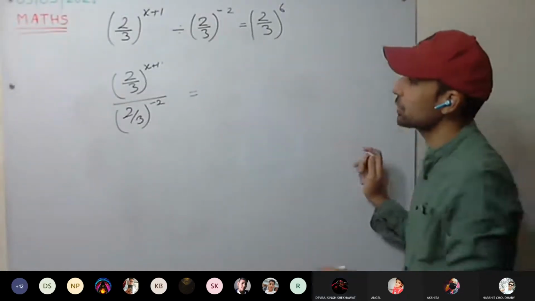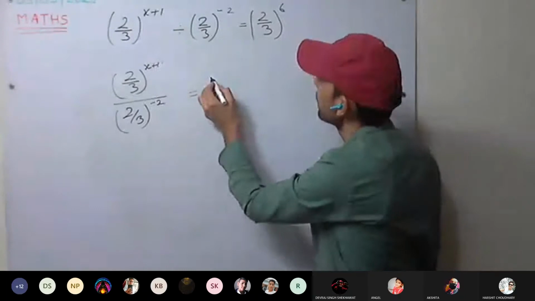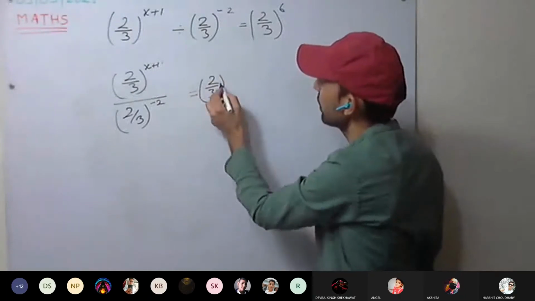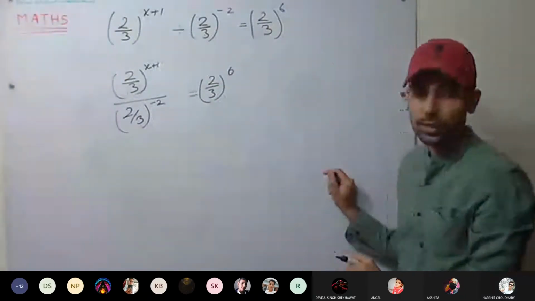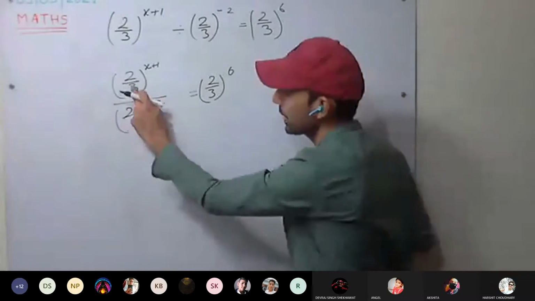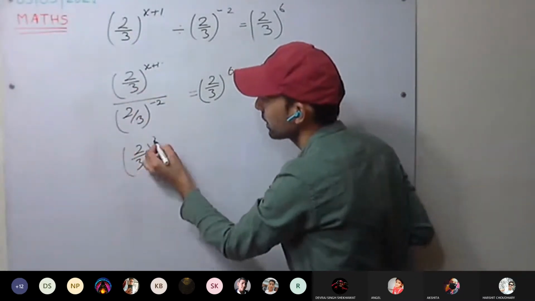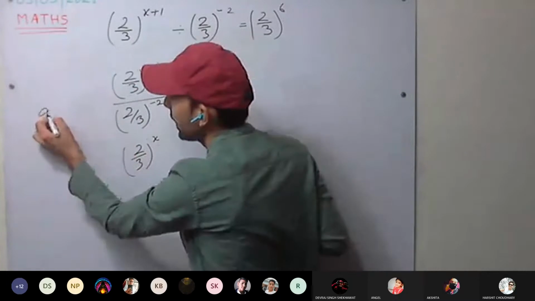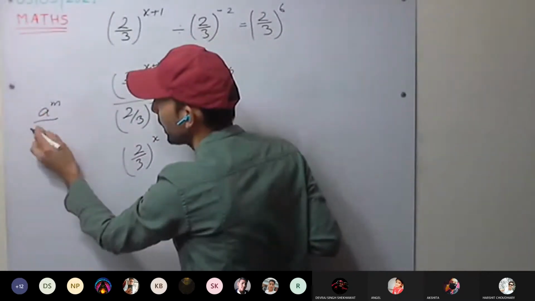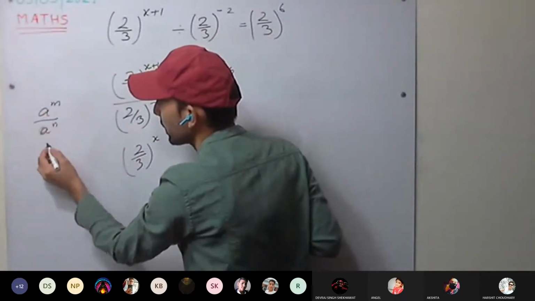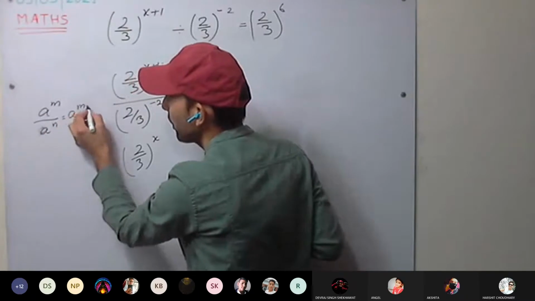It will be 2 by 3 raised to power 6. So base are same. If I'm writing a raised to power m divided by a raised to power n, it will be a raised to power m minus n.